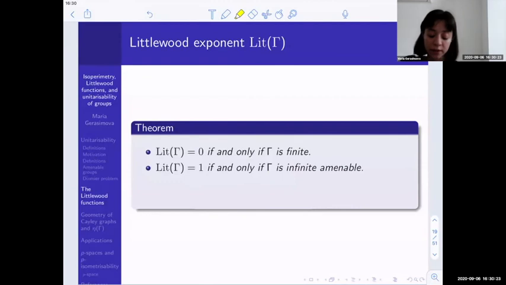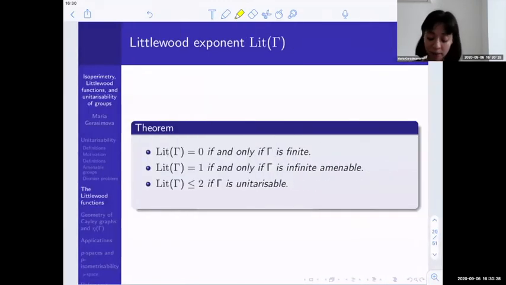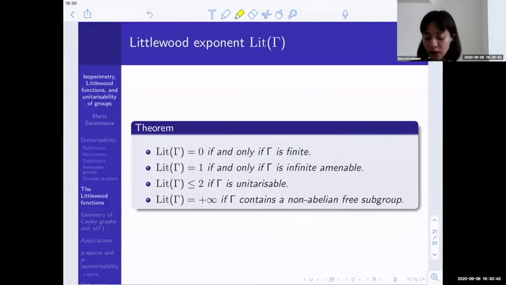We know, but only one way, that if gamma is unitarizable, then the Littlewood exponent is less than or equal to 2. And for free groups, which are the most common example of non-unitarizable and non-amenable groups, the Littlewood exponent is equal to infinity, not only for free groups, but if you have a free subgroup inside.